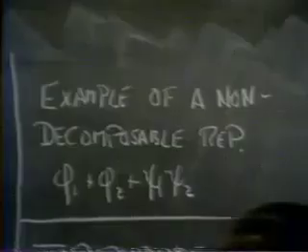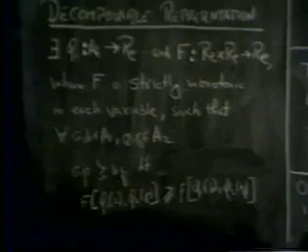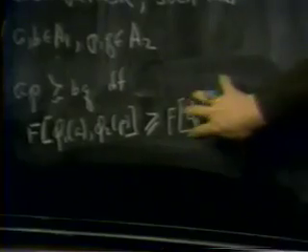Now, if one has a decomposable representation, and all of classical physics tends to be of this character, I think a physicist feels that he understands the structure of what's involved, provided he can put it in a decomposable form.